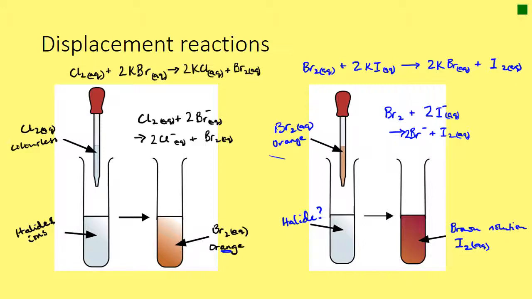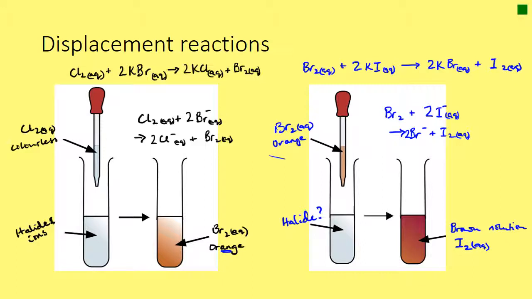So the things that changed were chlorine, aqueous, and that reacted with two bromide ions, also aqueous, and they formed two chloride ions and one bromine molecule dissolved in water. Okay, so that's the ionic equation for the balanced equation that we have on top.